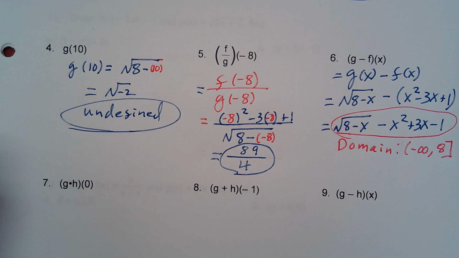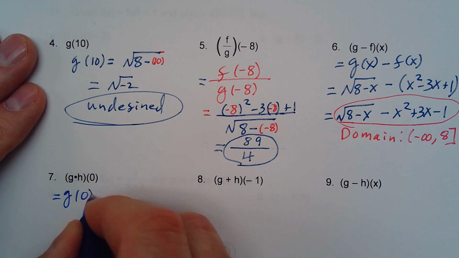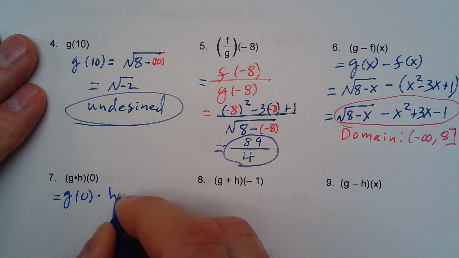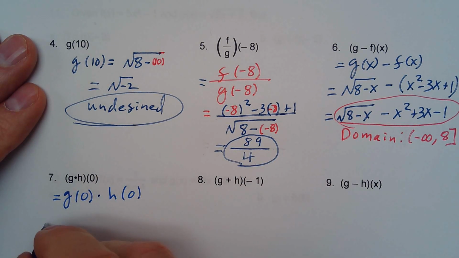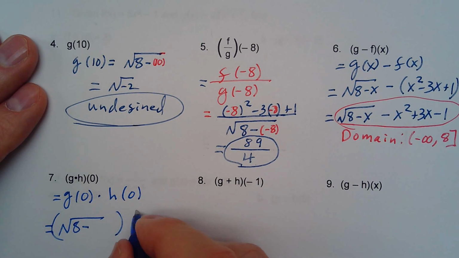Let's try number 7. So this means g of 0 times h of 0. So I look at my g function. And I'm going to multiply that answer with my h function.